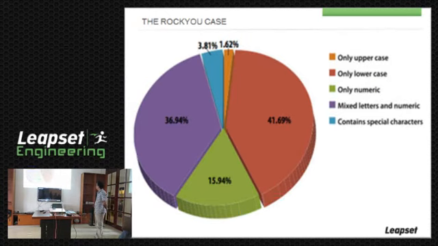This is about the composition of the password. Only 1.62% use only uppercase, 41% only lowercase, 15% only numerals, and only 36.94% use mixed letters and numerals. Only 3.8% contain special characters. Both the company and their users are alike.